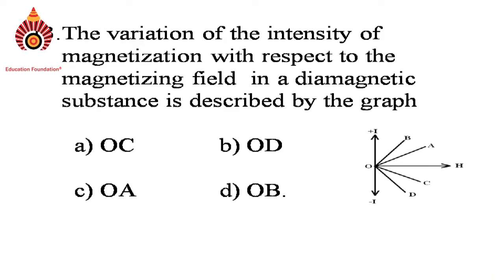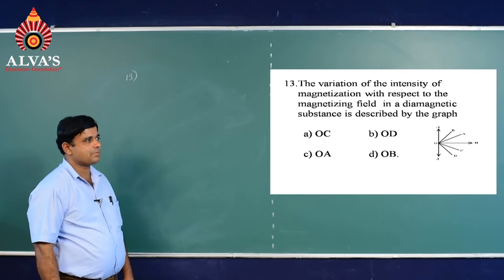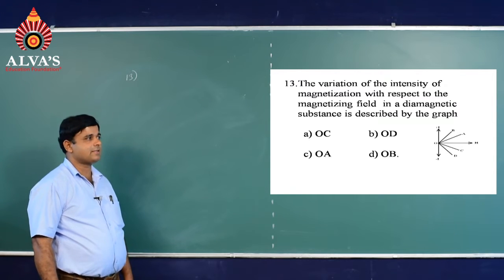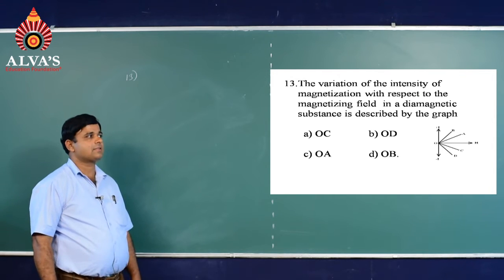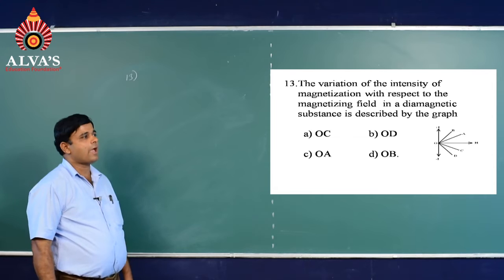The variation of the intensity of magnetization with respect to the magnetizing field in a diamagnetic substance is described by which graph? Whenever a diamagnetic material is placed in a magnetic field, it gets magnetized, but only weakly, and the magnetization is opposite to the applied field.